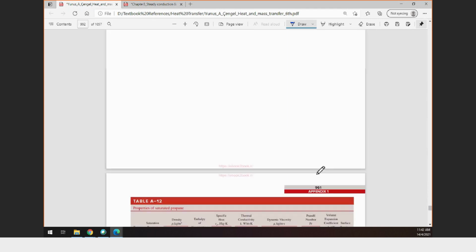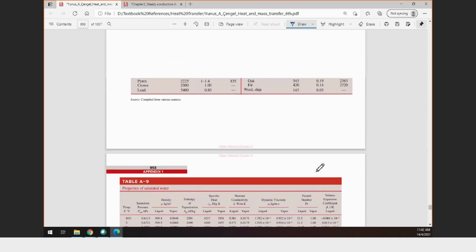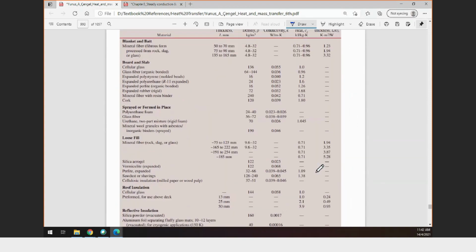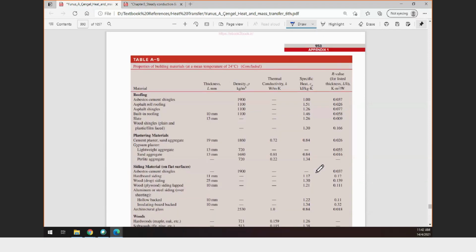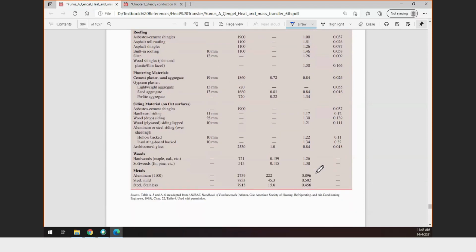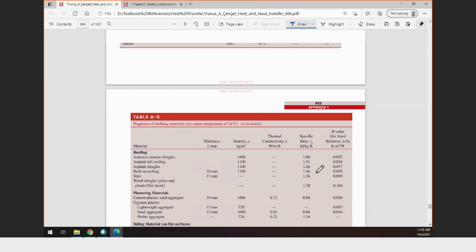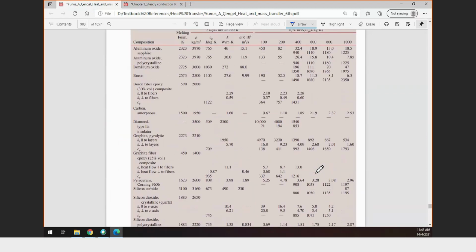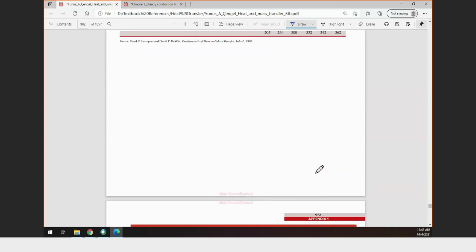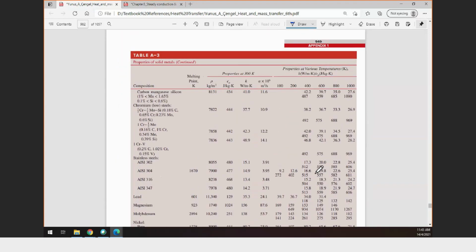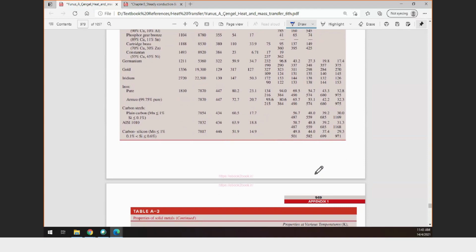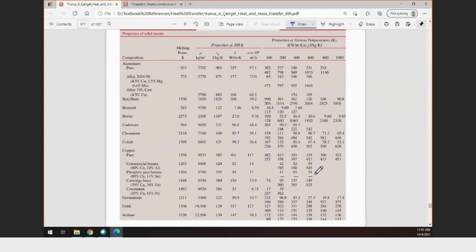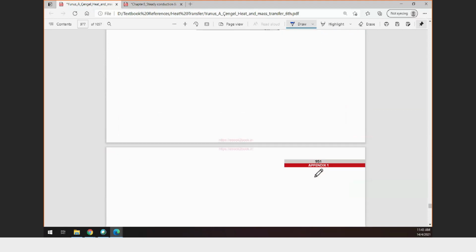Where is it? For the glass, for example, where is the glass? Is it given here? This is gas, solid.